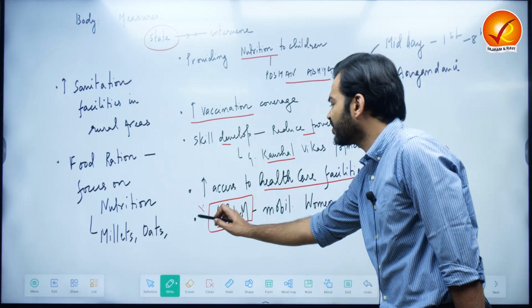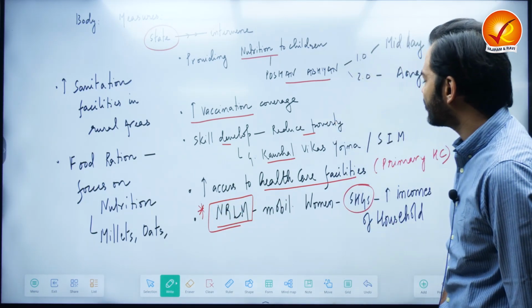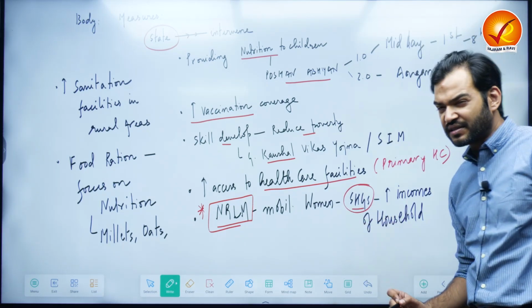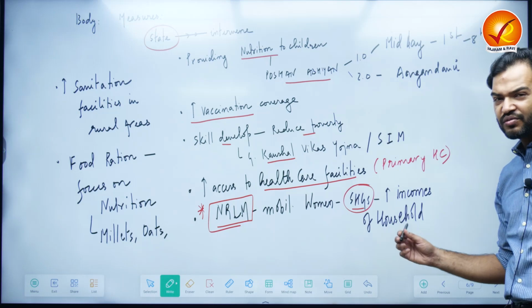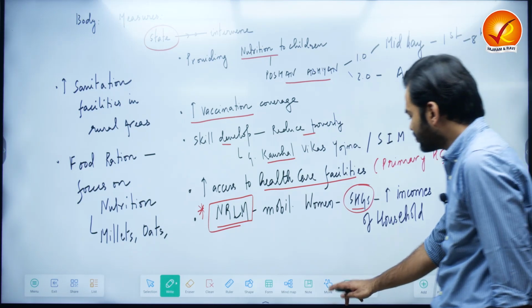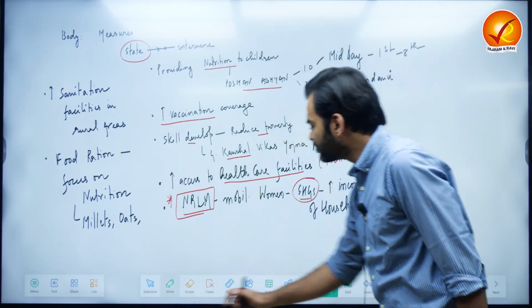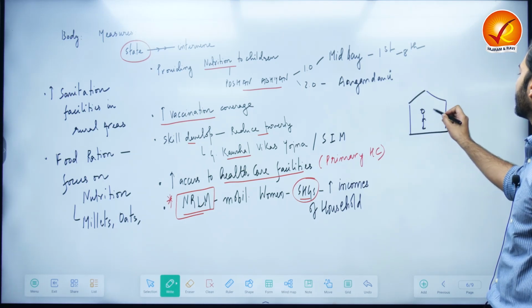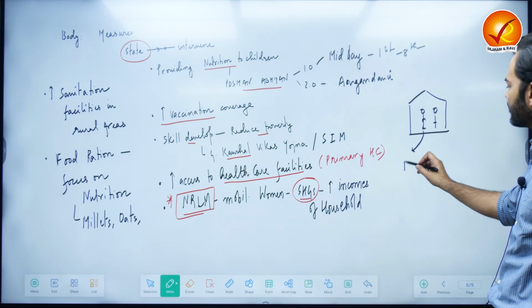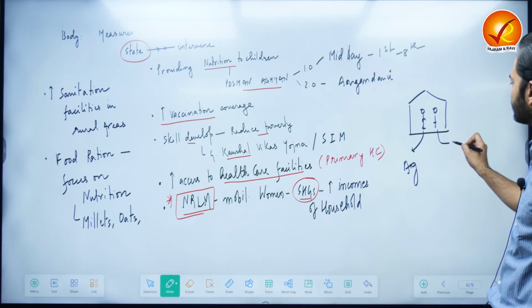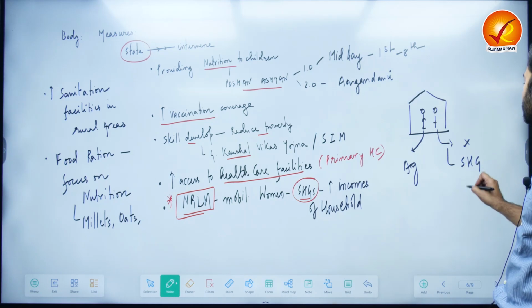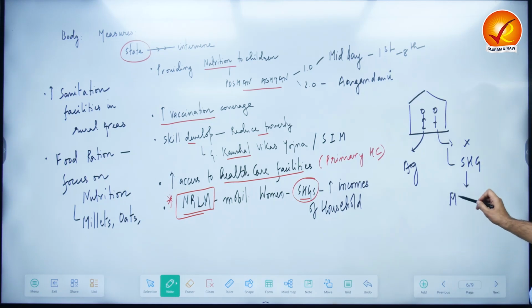Then, a very important point here will be about the scheme of NRLM. Under NRLM, women are mobilized into SHGs. If women are mobilized into SHGs, the income of the household will increase. See, in a household, there is a male member and there is a female member. The male member is already doing agriculture related work. The woman is free at home, so she can be mobilized into SHGs, and through SHGs, she can start her own micro enterprise.